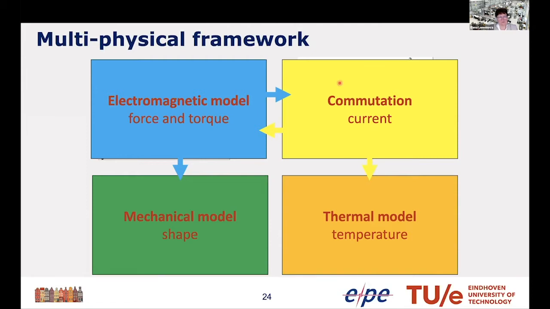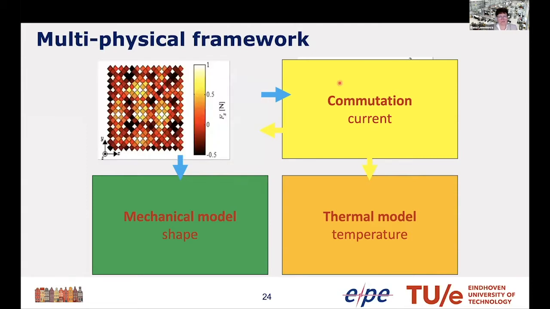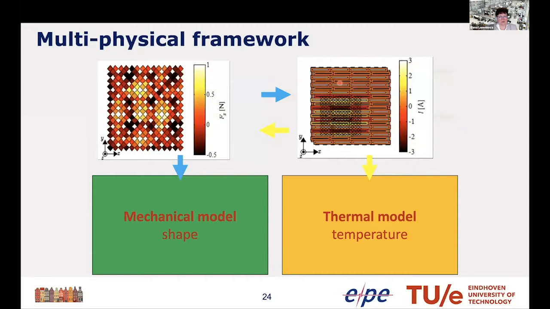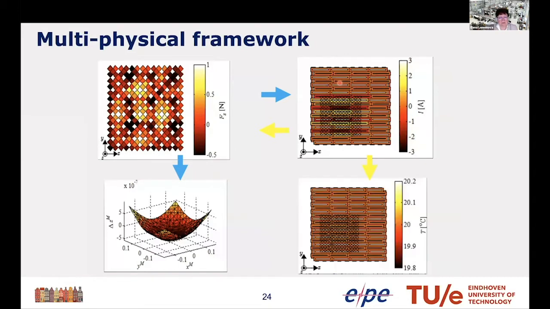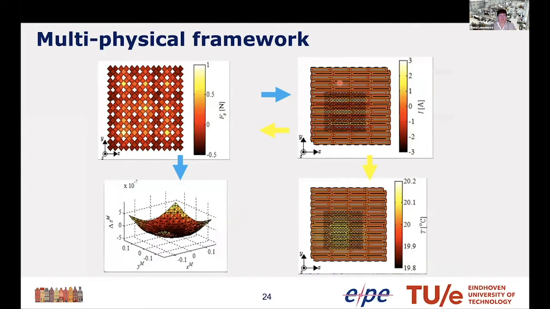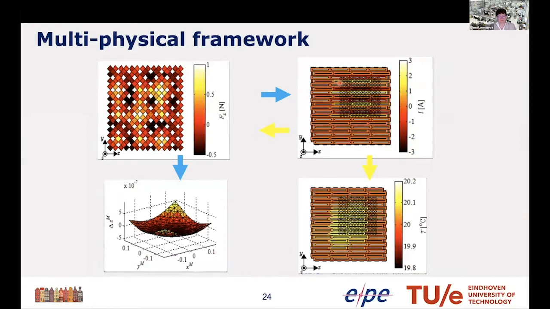First of all, we calculate the forces and the torques, then we define the commutation of the coils, then we look at the mechanical performance and the bending modes, and then couple with the thermal model dependent on the temperature. All of them operate simultaneously. So it's a multi-scale, multi-physical model, which gives the input for the advanced control systems.